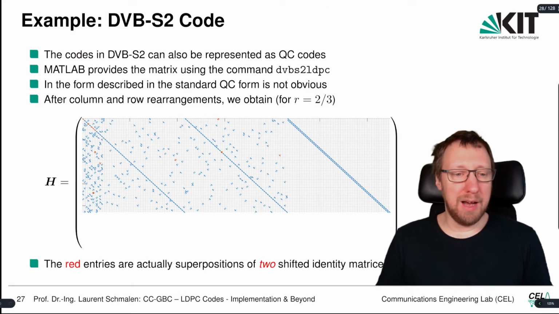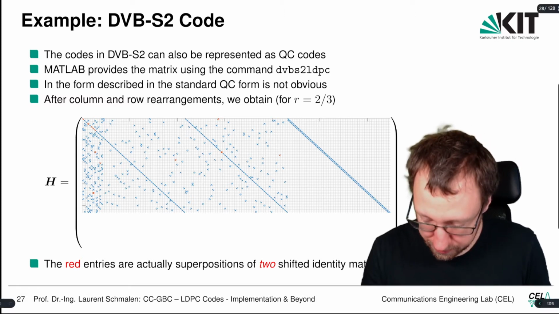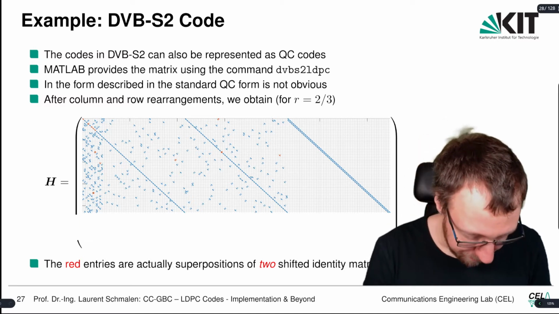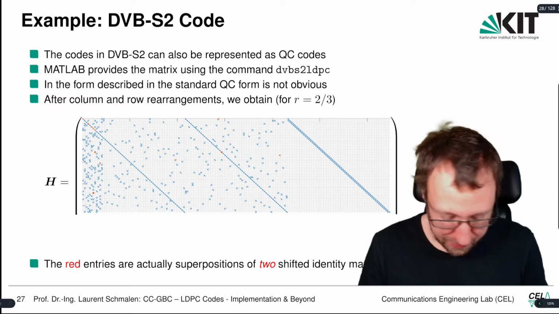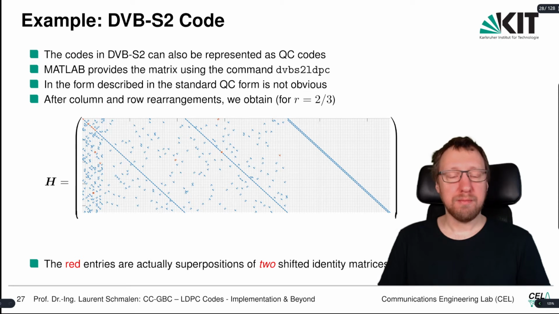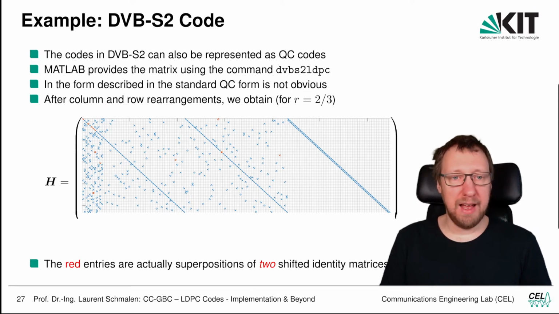So here's another example. This is the DVBS2 code. Sorry, I had to change the slides. There was a mishap. So the matrix looks like this. This matrix is rather big. It's 65,000.